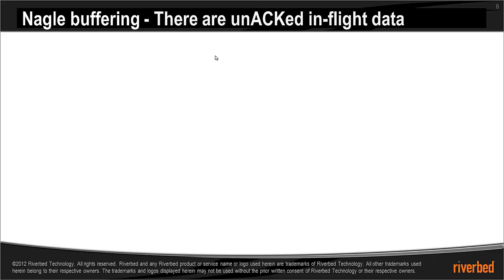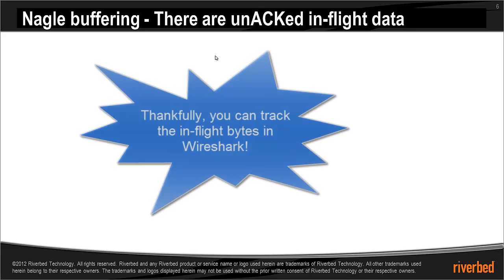The next example is when there is unacknowledged in-flight data. And in future sessions, we'll talk about why keeping track of in-flight data is so important. One of the reasons is obviously Nagle interaction, but there are other uses and other troubleshooting scenarios where in-flight data comes in, and we'll see that in future sessions.